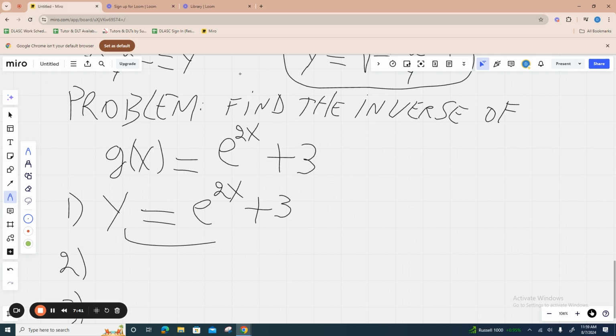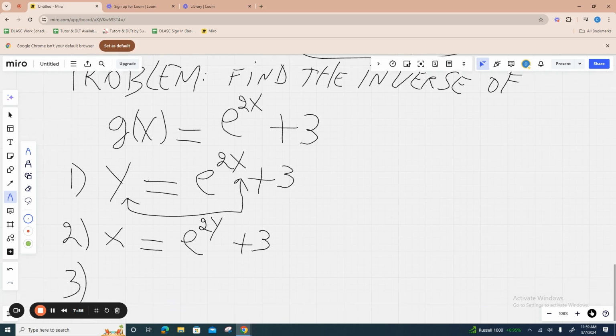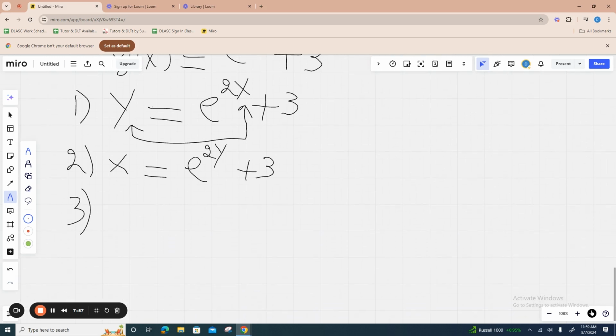We are going to switch the positions. Notice that that x is up there of x and y. That y is now up here, right? And now we're going to work this problem to find a y equals.